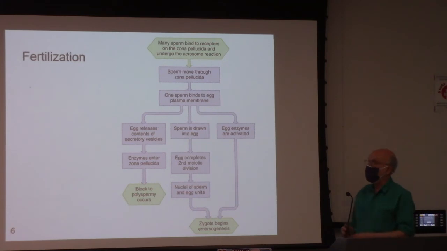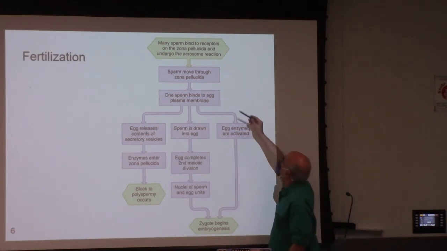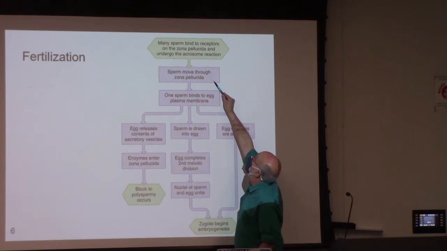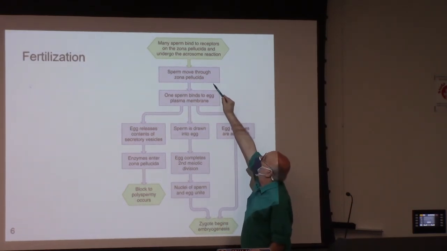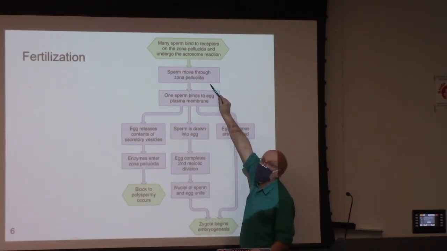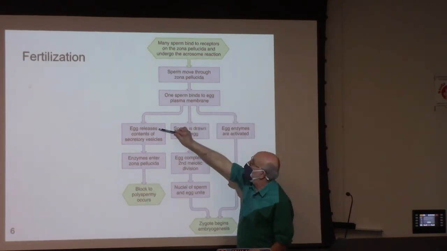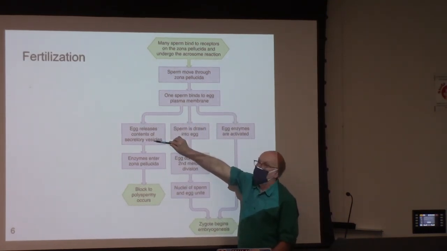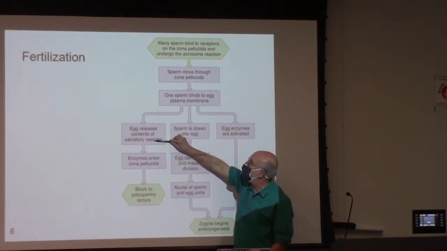So here is the flow chart that tells the same story. Let's just go through it one more time. Sperm binding, acrosome reaction, plural sperm try to get through the zona pellucida. One gets through all the way. That triggers the cortical reaction, the release of cortical granules, secretory vesicles.